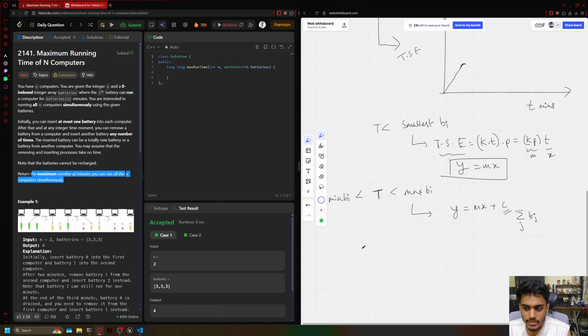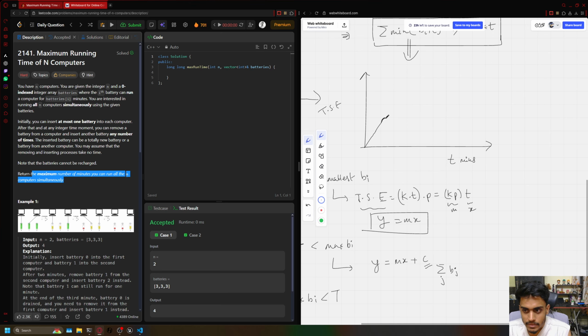Now when T becomes extremely large, or when the max of Bi becomes smaller than my T, at that time this curve will saturate.